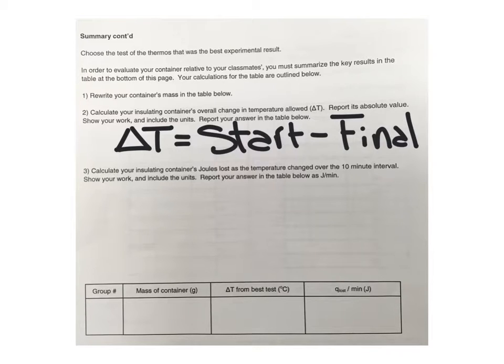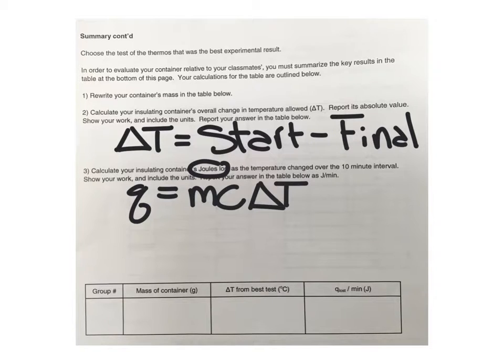In order to calculate the insulating value of your container, you are going to calculate the joules, or the Q, of your container. So we're using that famous equation, Q equals MC delta T. You figured out your delta T from up above. We're using water in your container, so you always know the specific heat of water is 4.18.